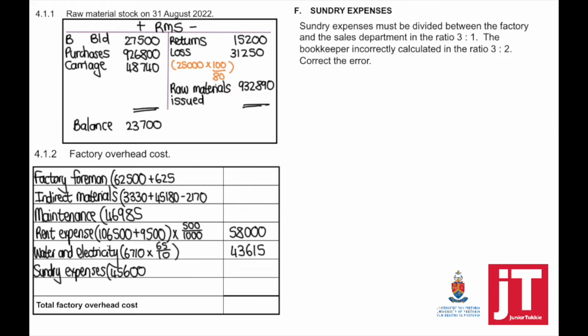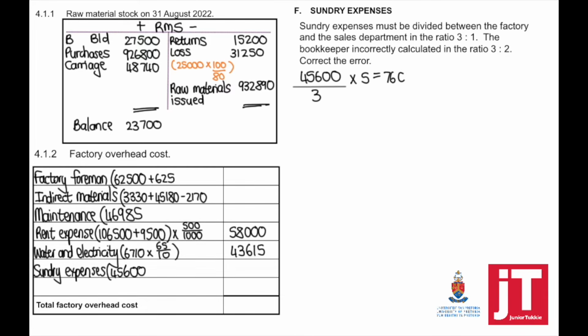Sundry expenses must be divided between the factory and the sales department in the ratio 3:1. The bookkeeper incorrectly calculated it in the ratio 3:2. Correct the error. So now we need to do corrections.